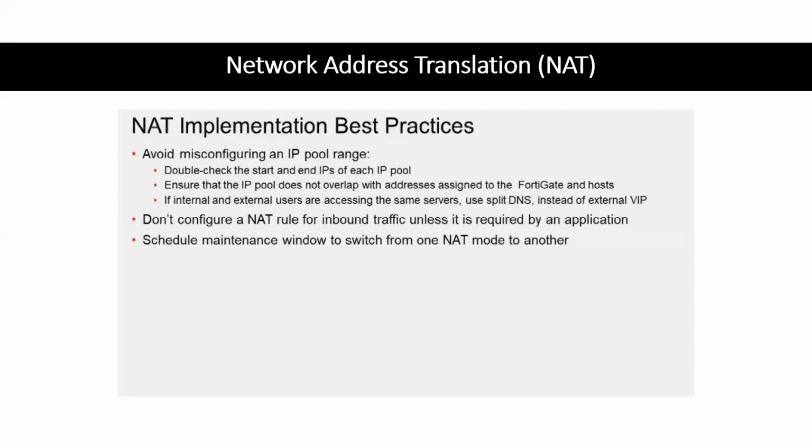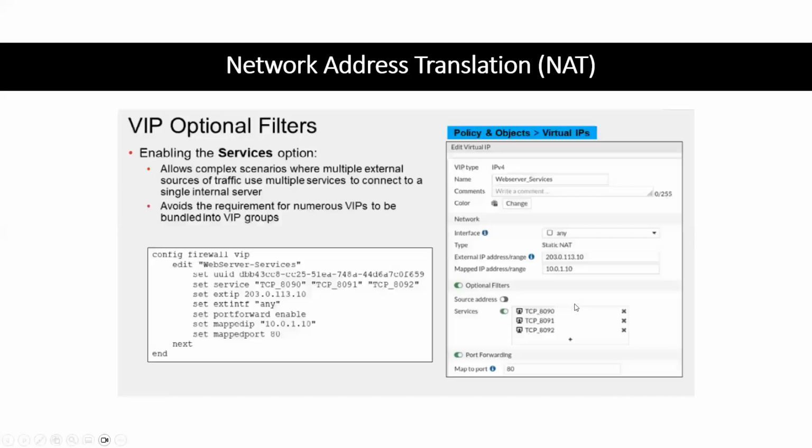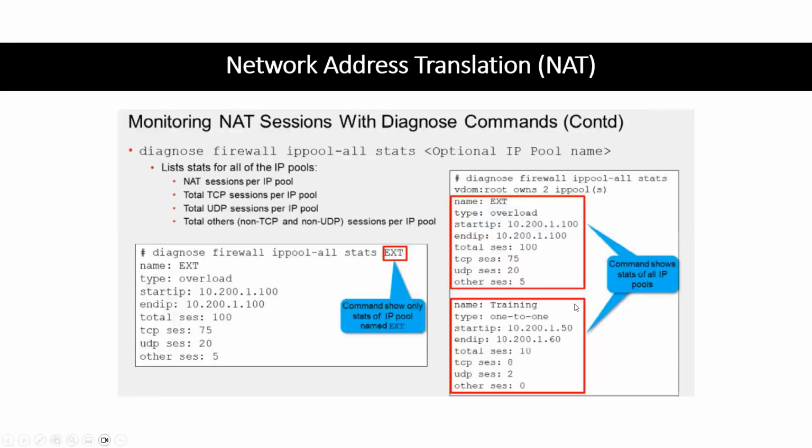All right. So, question 1. An administrator wants to check the total number of TCP sessions for an IP pool named internal. Which CLI command should the administrator use to check the total number of TCP sessions?